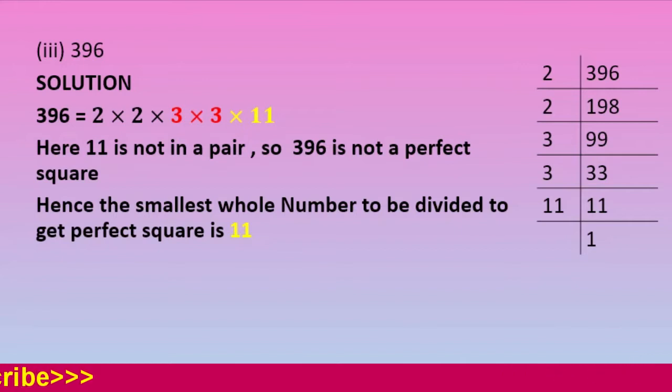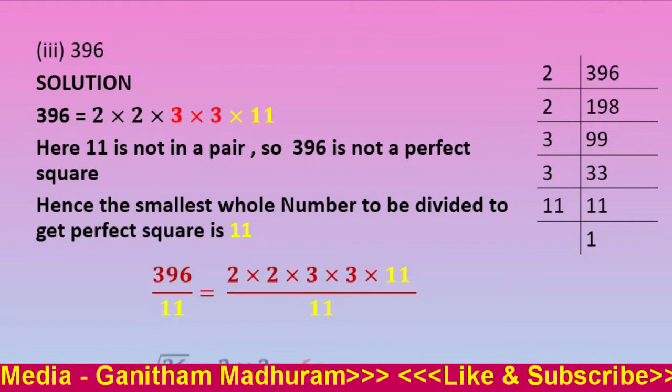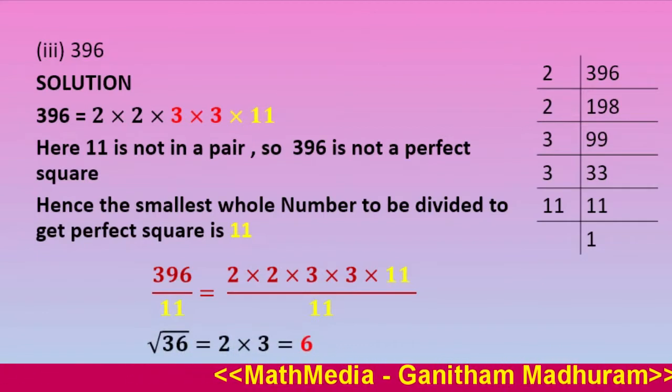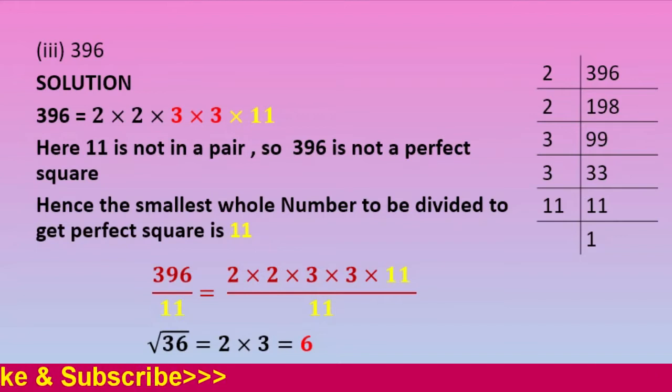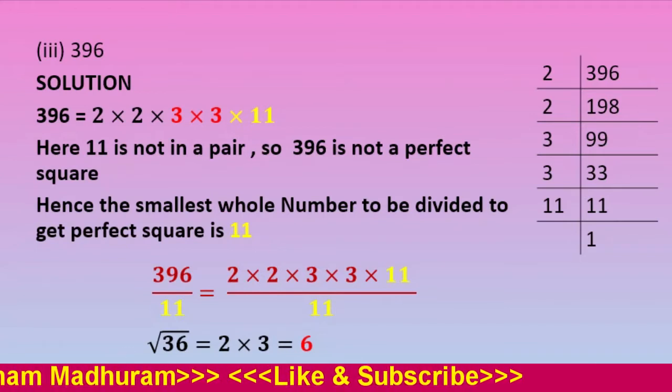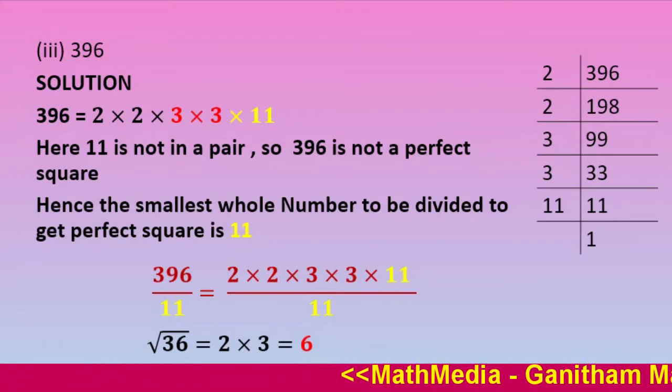So we must divide LHS and RHS by 11. So we get 36 in the LHS and RHS. That means the square root of 36 equals 2 into 3 equals 6.